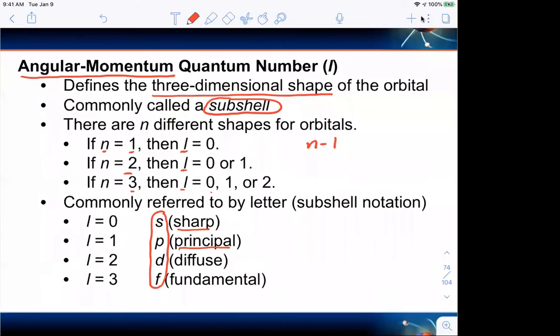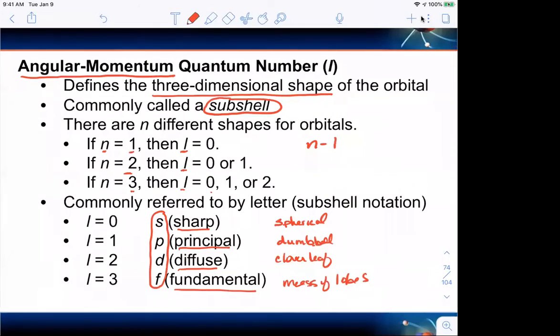Then I have principal, diffuse, and fundamental. But we're going to see the shapes later. S is going to be spherical. P is going to look like a dumbbell. D is going to look like a clover leaf. And F just looks like a mess of lobes.